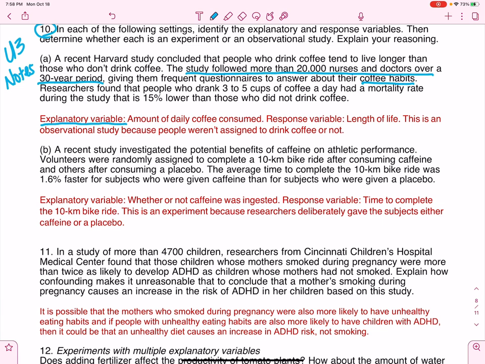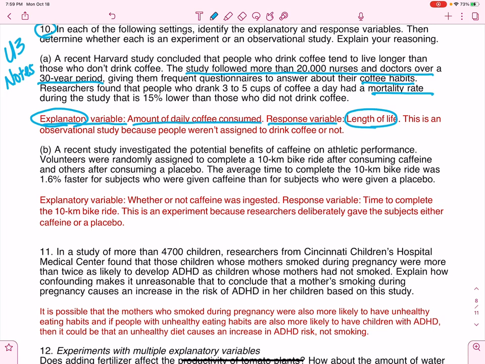So their explanatory variable here is the amount of daily coffee consumed, because that is what they're being subjected to. We seek for the explanatory variable to show a response. The response variable is length of life or mortality rate. Those are your explanatory and response variables.